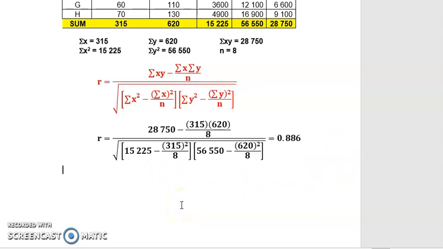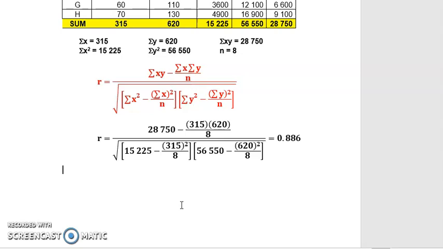Remember, when we want to interpret correlation, we must state the direction, which means either positive or negative, and the strength of correlation, either weak, moderate, or strong. Recall the rule of thumb in determining the strength: 80% and above is strong, 50% and above but below 80% is moderate, and below 50% is weak.